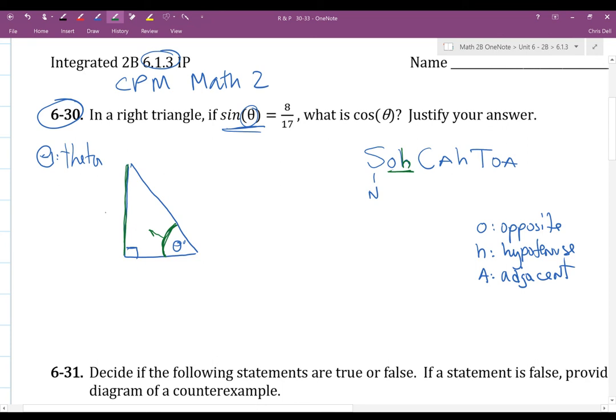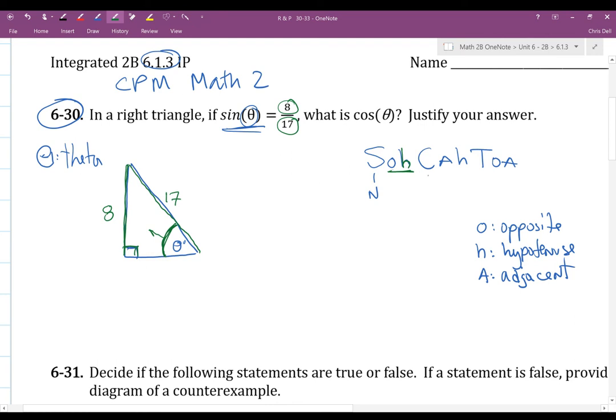So it's the ratio of 8 because it's opposite over hypotenuse. So that means that this is 17, because the hypotenuse is always the longest side of the triangle, the one where the 90 degrees points to. Okay, so my ratio sine of theta is equal to 8/17. So that's how I was able to label those sides.